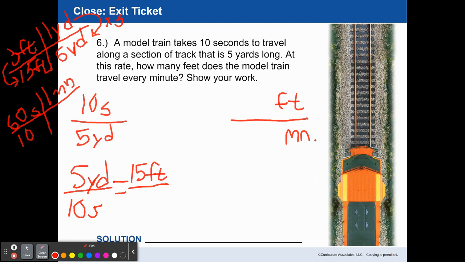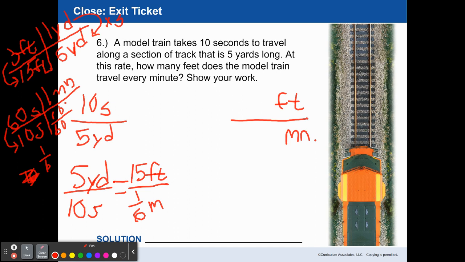We've got 10 seconds, so we would be saying 10 divided by 60, which could reduce to 1/6 minutes.